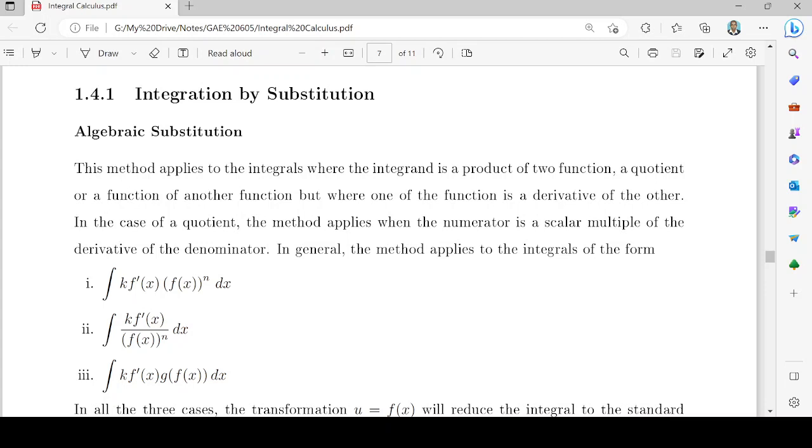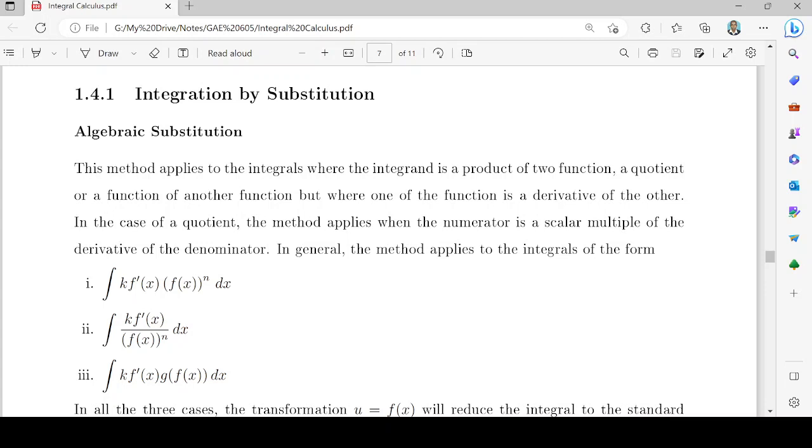But in all the three cases, one of the functions should be a derivative of the other. In particular, for the quotient, the method applies when the numerator is a scalar multiple of the derivative of the denominator.